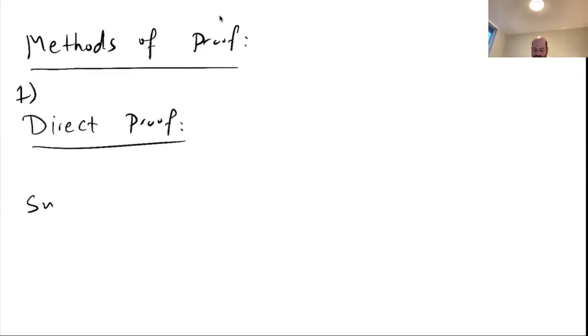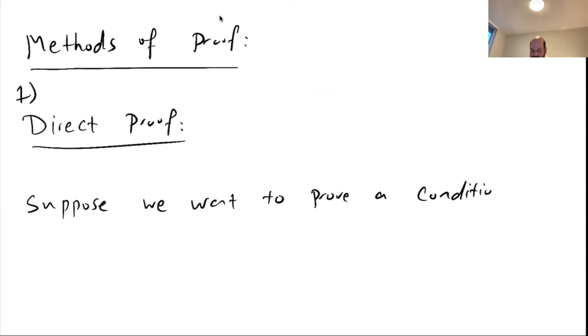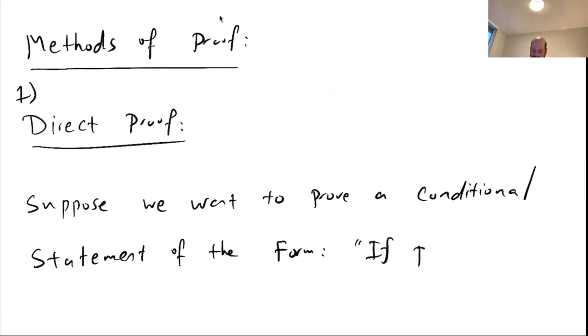Suppose we want to prove a conditional statement of the form: if P, then Q. We know that a conditional statement looks like this, and P is called the hypothesis or assumption, and Q is called the conclusion.